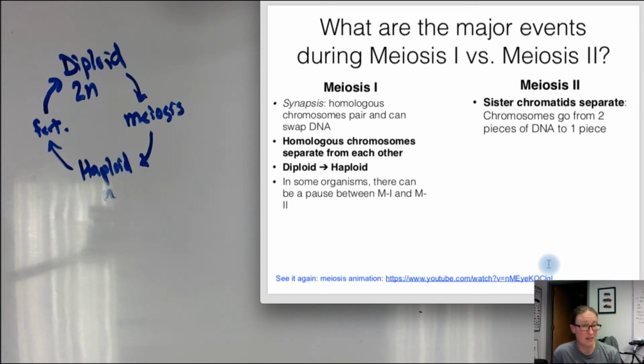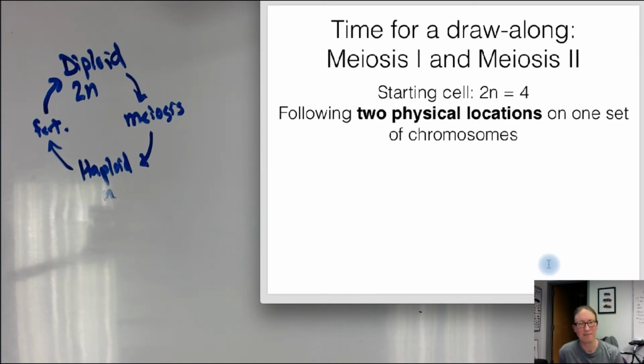What that means is that in meiosis 2, chromosomes will go from containing 2 pieces of DNA to containing just 1 piece. I've got a link here on this slide just in case you want to see this process in action. It can be really helpful to practice. I still recommend gummy worms, but a video or 2 can't hurt.